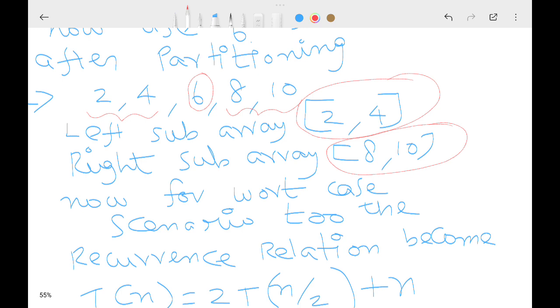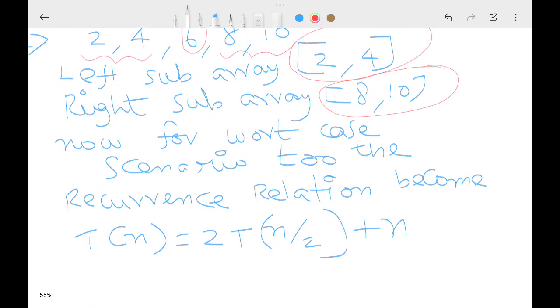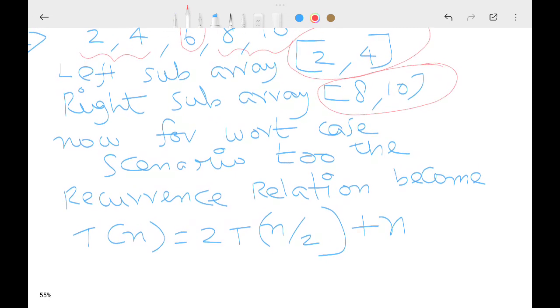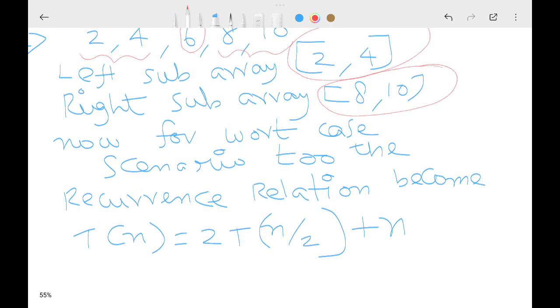So the recurrence relation for the worst case will become T(n) = 2T(n/2) + n. So this randomized quicksort is used to escape from the worst case scenario of quicksort. If you solve this using any approach, it will give O(n log n).